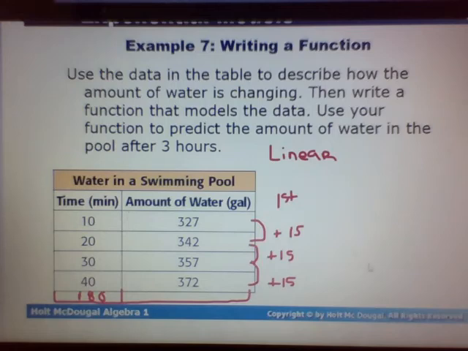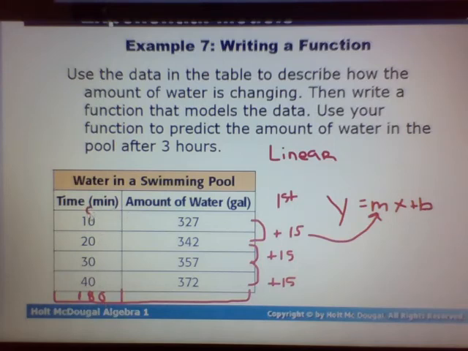All right. So we're going to write the equation, and remember that the equation is going to be mx plus b. Where m is this 15 that we just identified, and b has to be at 0. So another way of finding out what's going to happen at 0 is extending this pattern.